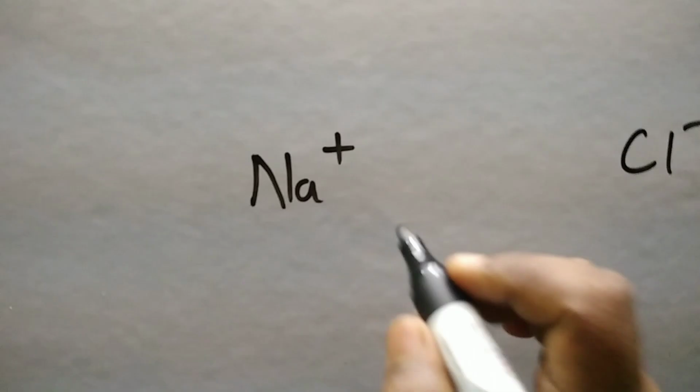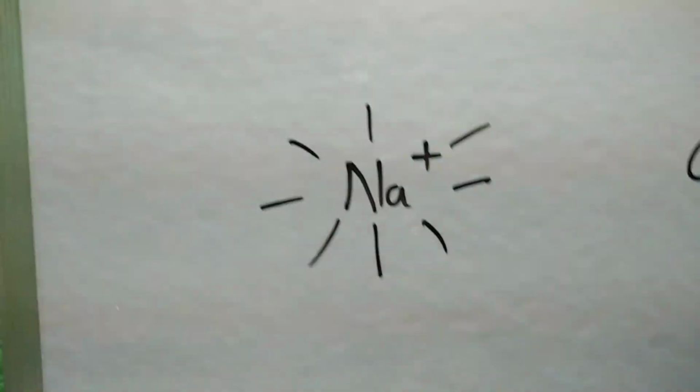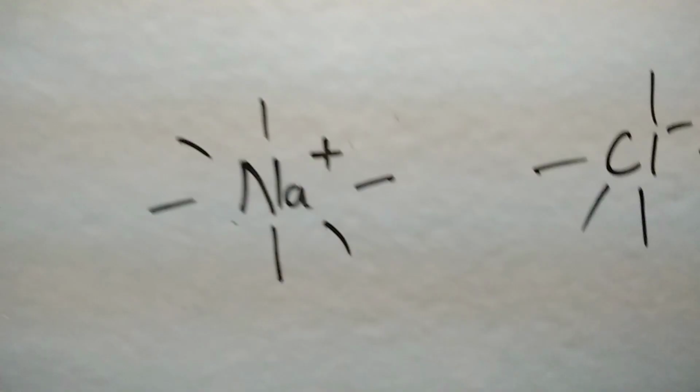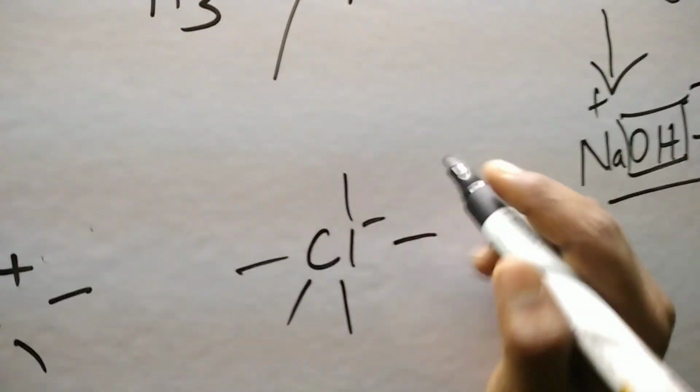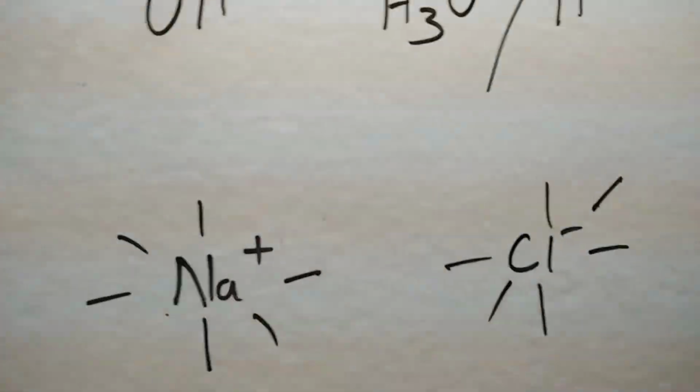See, Na+ Cl-. Yes, now this is correct. I'm making some boundaries around Na+ and Cl-. See, waves. Yes, these are the hands of these ions. So what happens when NaCl reacts with water?